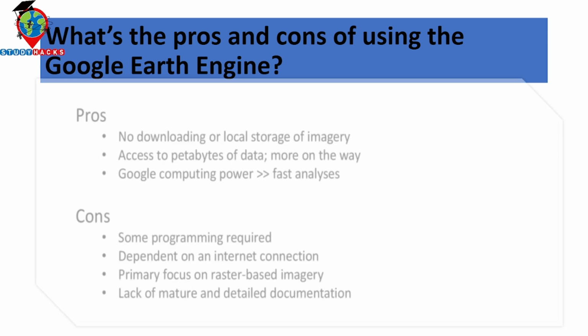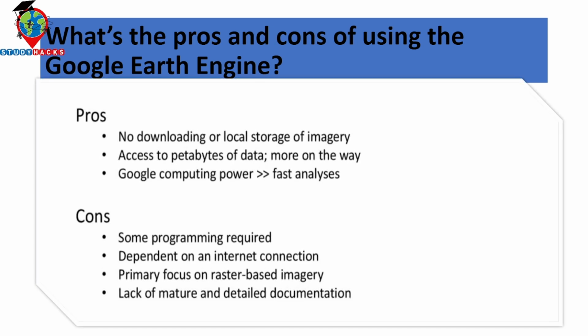Suppose you look at the pros. When you use the Google Earth Engine platform, you don't need to download any kind of satellite imagery. It is the best benefit, because a single satellite image when you download is a very big size, okay, and takes a lot of storage. So in this case, with the Google Earth Engine platform, you don't need to download any satellite imagery.